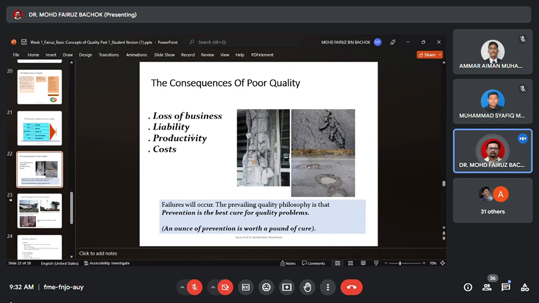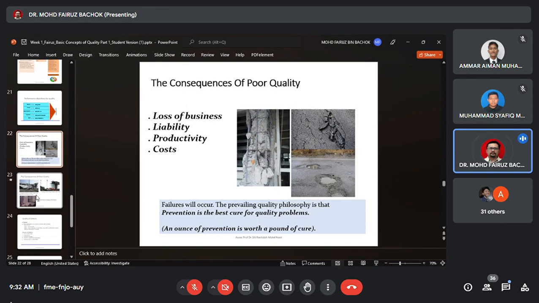Once you get that bad reputation image, this might happen: loss of business, no repeat customers, and then it becomes a liability. Your workers lose motivation and productivity is low, and it affects the cost, not only your profit but the capital to run your business.